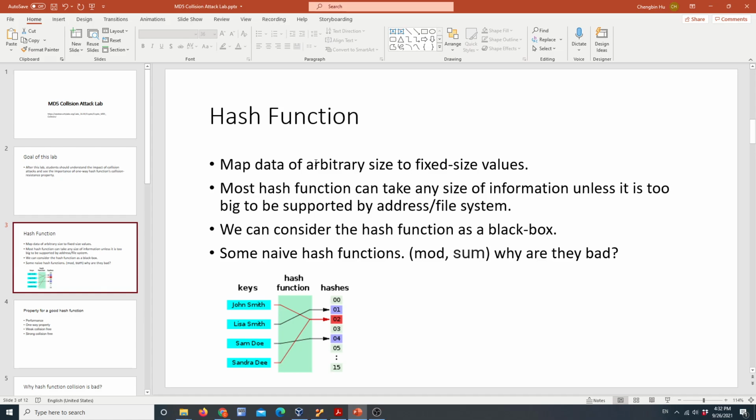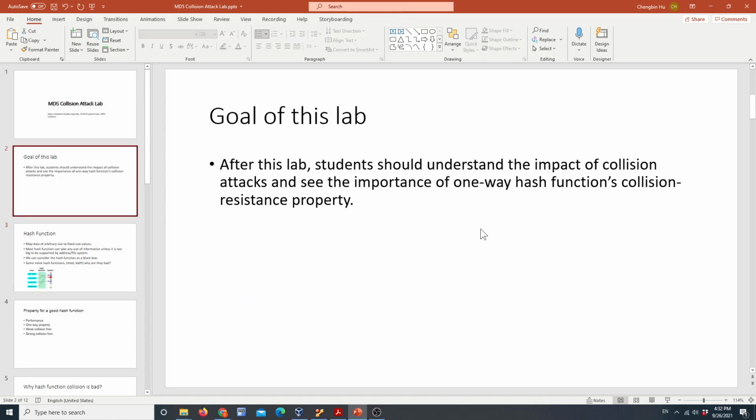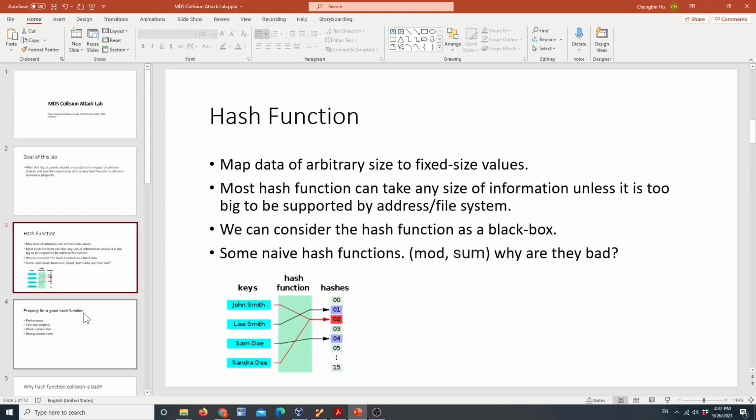We throw the input information into the box, and the box will output a fixed size hash value. So we already know some naive hash functions such as mod and sum, and they are not good, mainly because they do not have the collision resistance property.